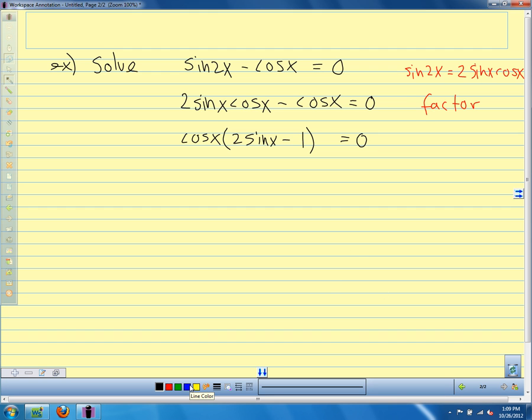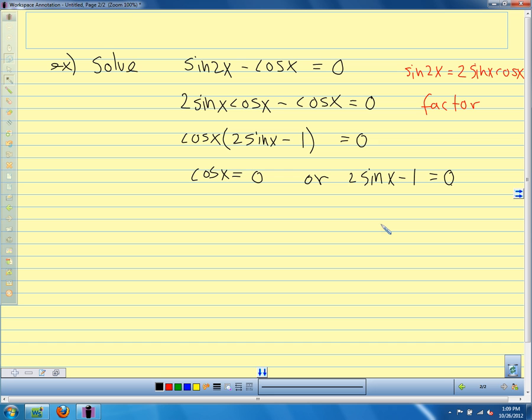Now what do I do? I have two things that multiply to 0. So what's the only way that two things can multiply to 0? One of them has to be 0. So cosine x equals 0, or 2 sine x minus 1 equals, not 1, equals 0.